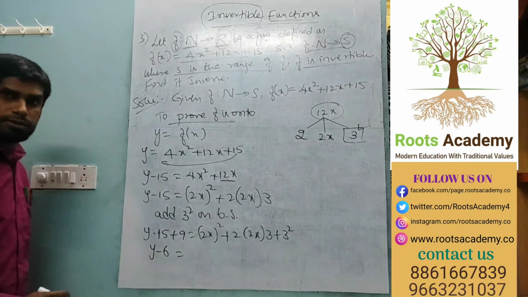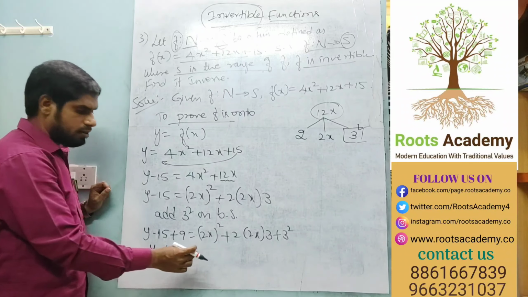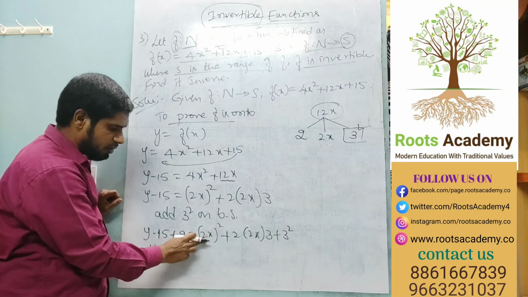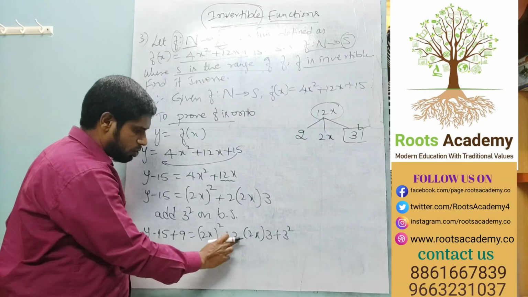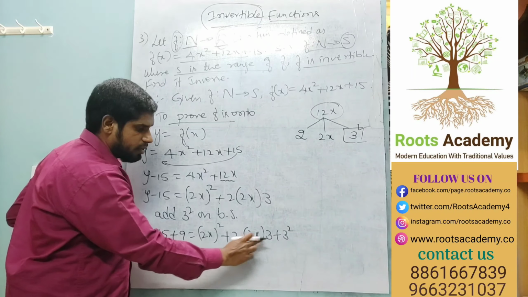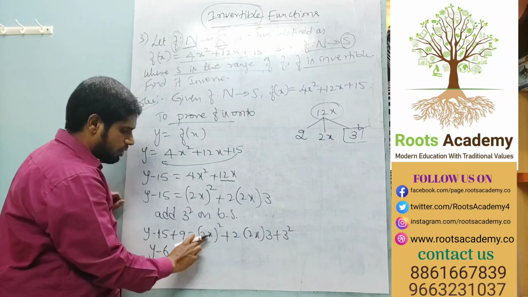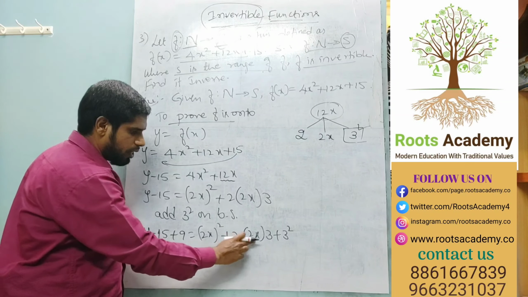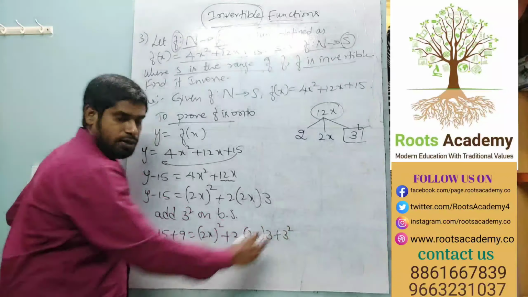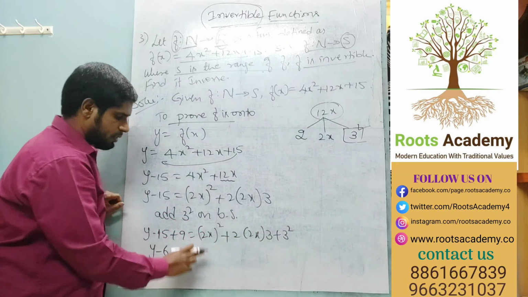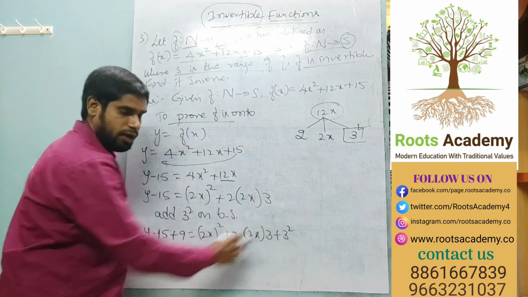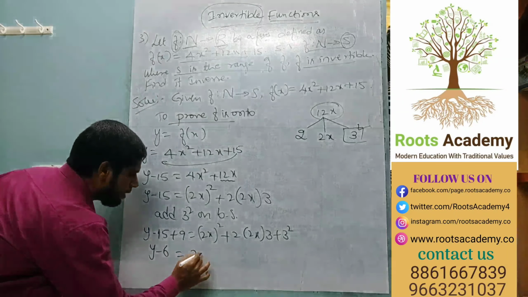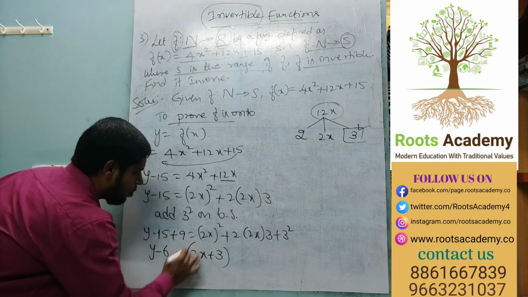Now student, just be careful here. I will read this in my own way. This I will consider as a, this is b. So it is a square plus 2ab plus b square, because 3 I consider as b. So this can be written as a plus b whole square.